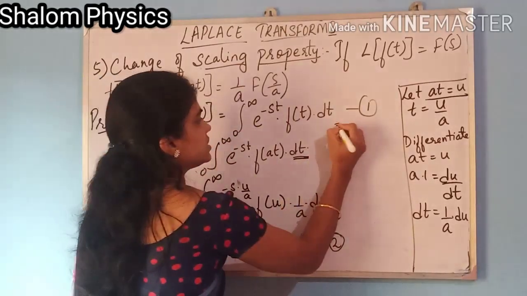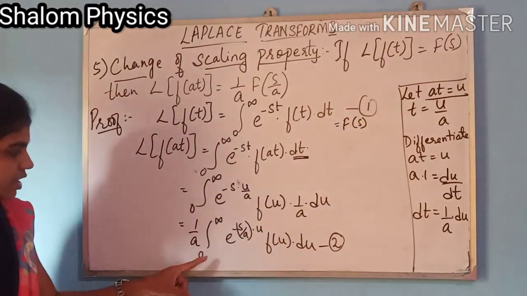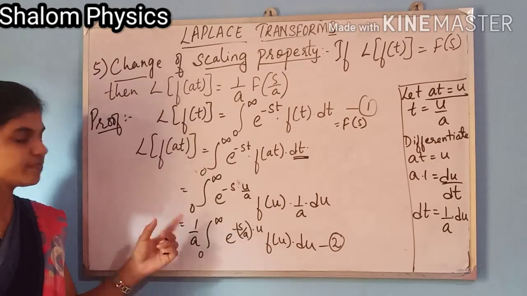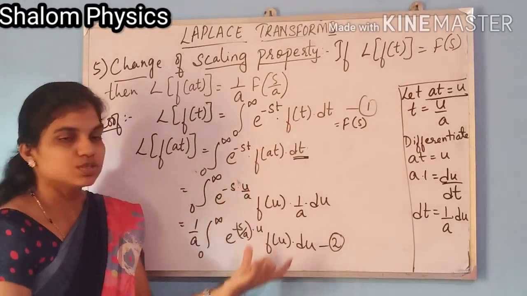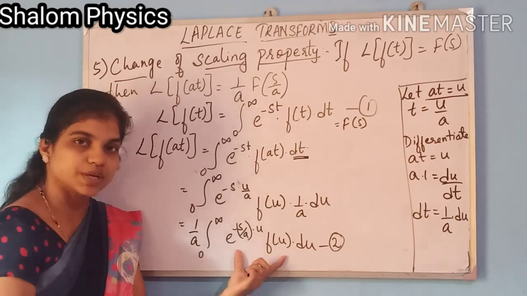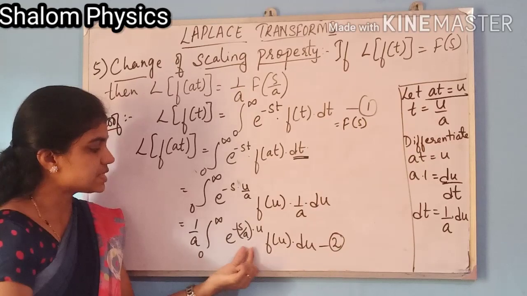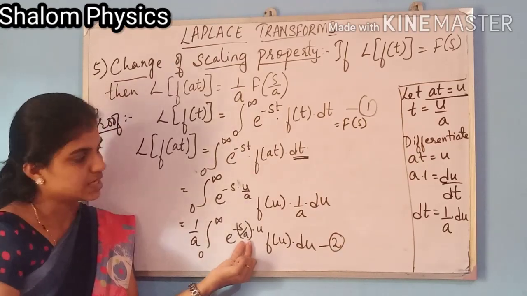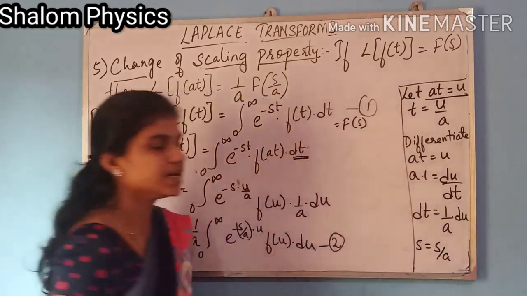Now compare equation number 1 with equation number 2. Right? This is equal to F(s). Now if you see this expression, this is with respect to t and this is with respect to u, but both are looking similar except for the value of s. There, instead of s, I am having s by a.